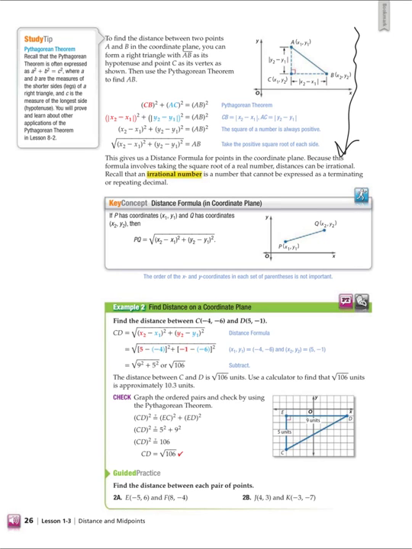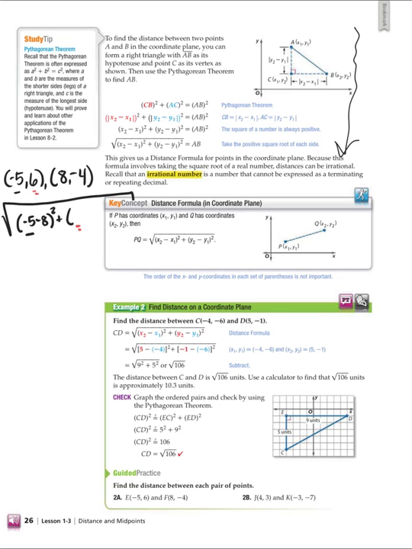If you're given any 2 points, we're going to use the ones given here below, to find the distance between those 2 points, we're going to take the square root of the difference of the x's squared, plus, since I put this x first, I've got to put this y first here, okay?